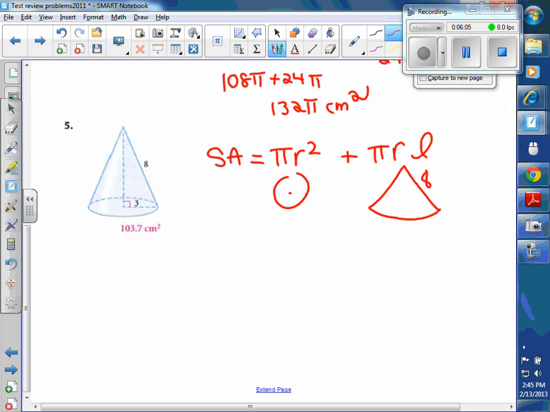So this one's kind of just formulaic. Pi r squared is 9 pi. Pi r L is pi times the radius times the slant height, so 24 pi. 9 pi plus 24 pi is 33 pi. Make sense?